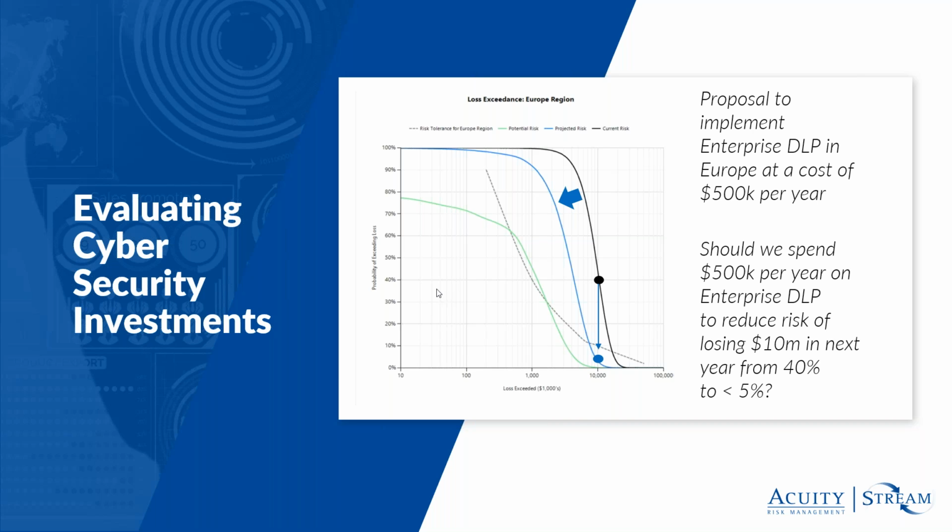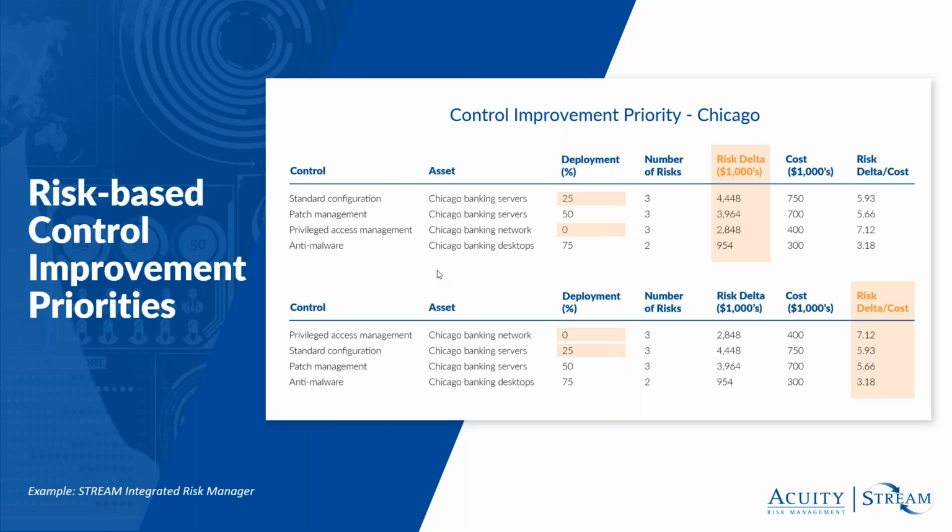So on a related note, but coming at it from a slightly different angle, this is another example looking at Chicago in our fictitious organization. And there we have a number of key controls: standard configuration, patch management, privileged access management, and anti-malware, which we've assessed and measured either through some sort of ongoing performance measurement and metrics, or perhaps as a result of an audit.